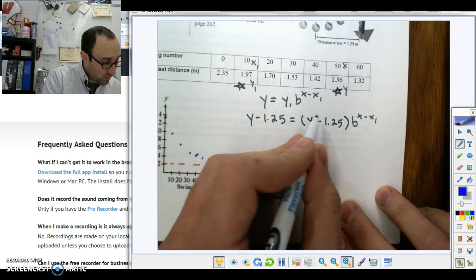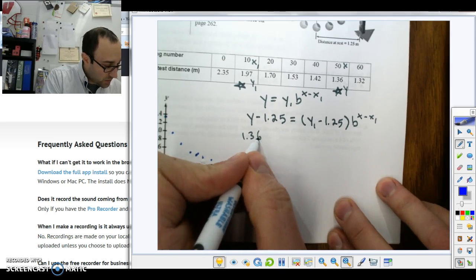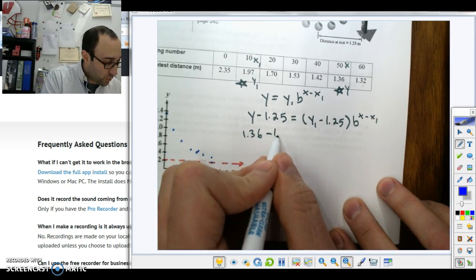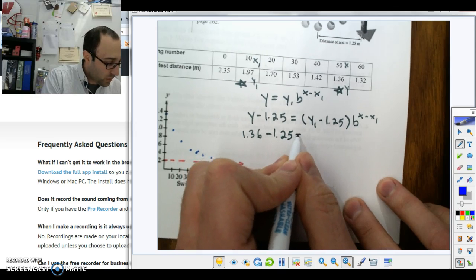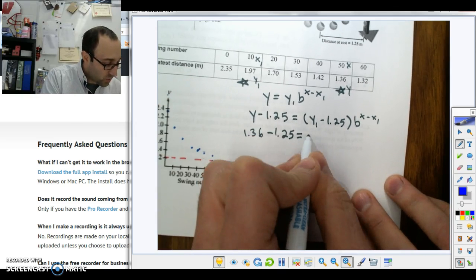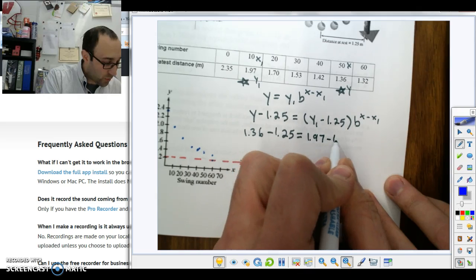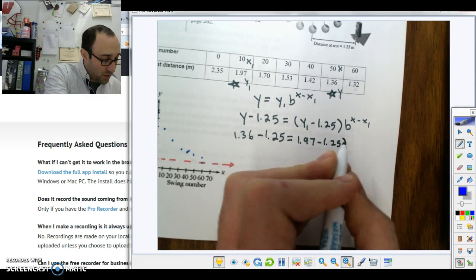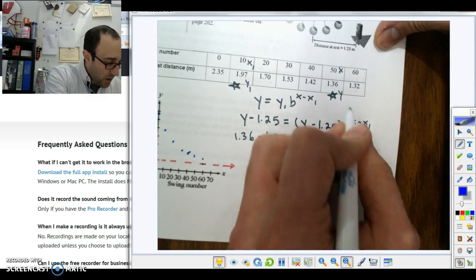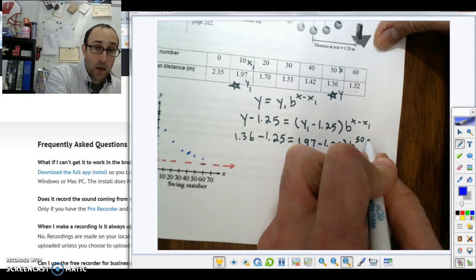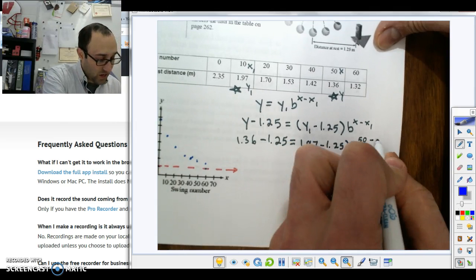So it's going to be y is 1.36 minus 1.25 equals my y1, which is 1.97 minus 1.25. B is still going to be b, and then my x is 50, and my y is 10.